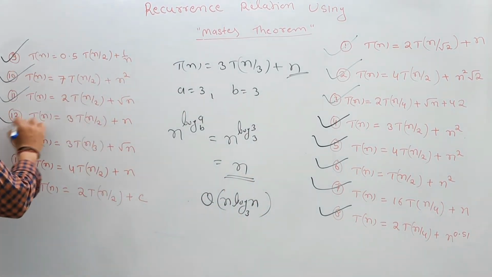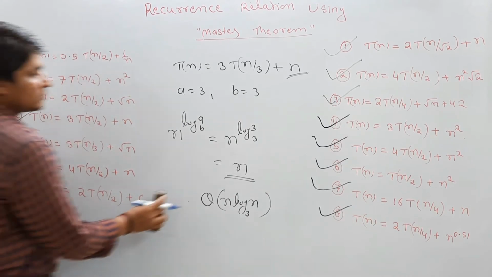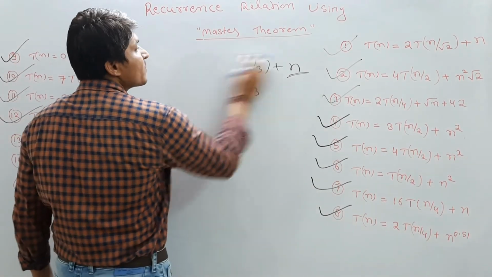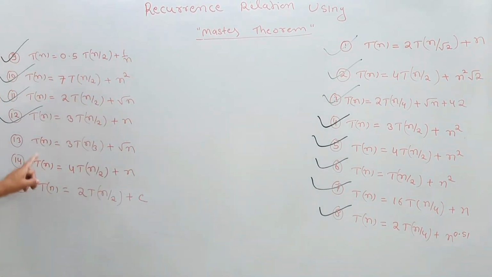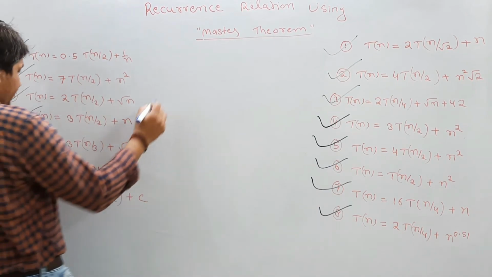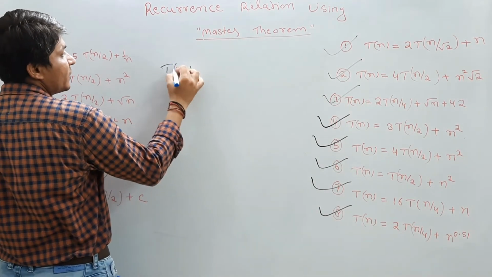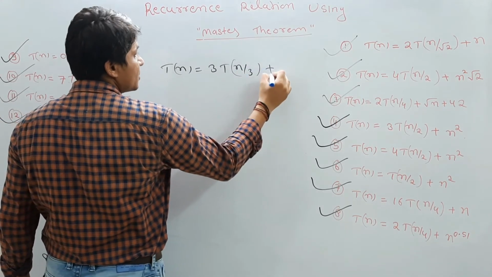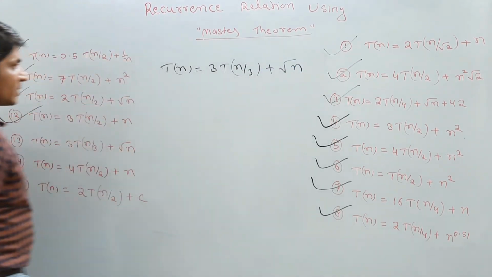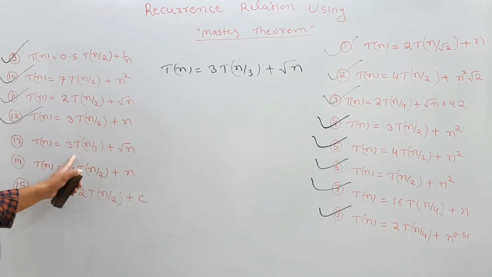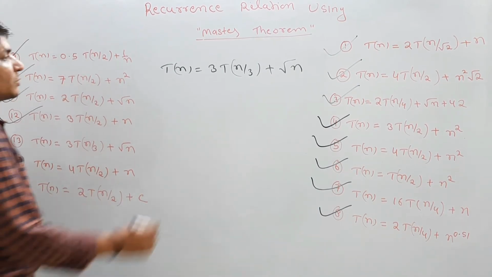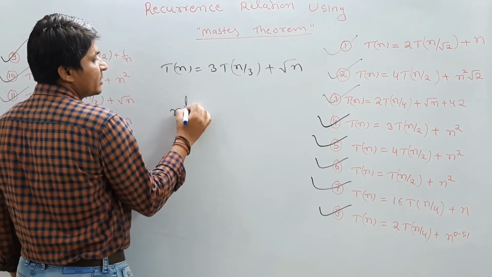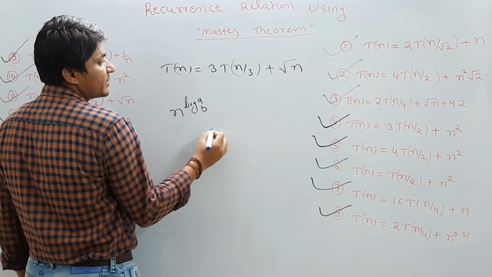Now next, let us solve the next example, which is T of n equal to 3T of n by 3 plus root n. Correct? This is similar to the previous question only. So we have already calculated n raised to power log a base b in this case.